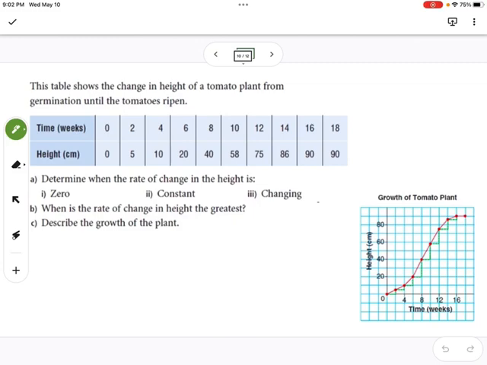So the change here, 5 minus 0 is 5. The next one, 10 minus 5 is 5.